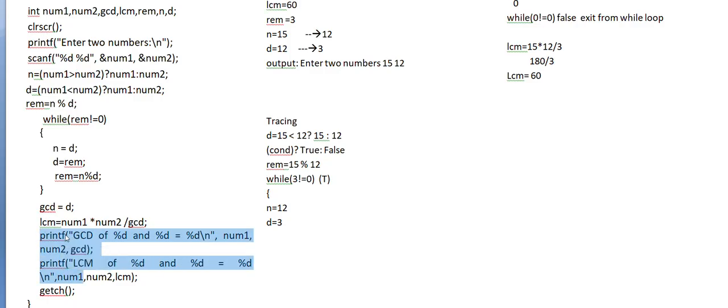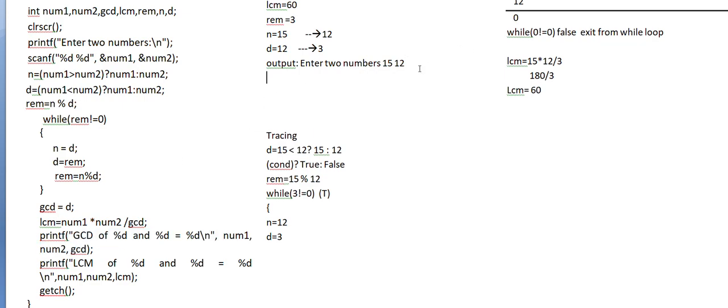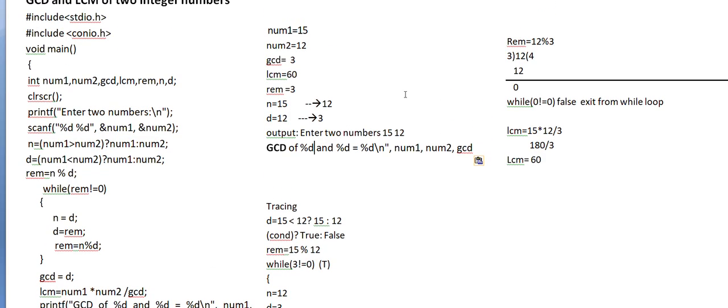Here we have the output over here. So let's consider this one, GCD of percentage D. The first percentage D represents num1. Num1 is holding the value 15. The second percentage D is the second value, that is num2.